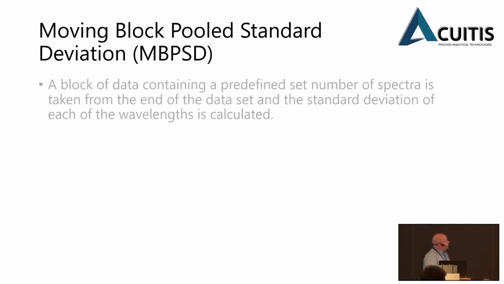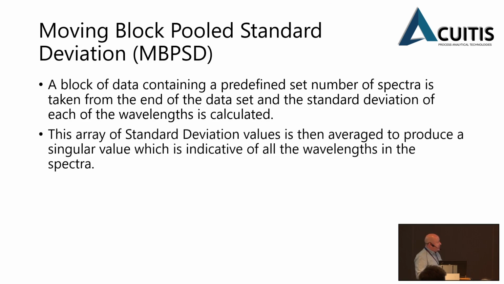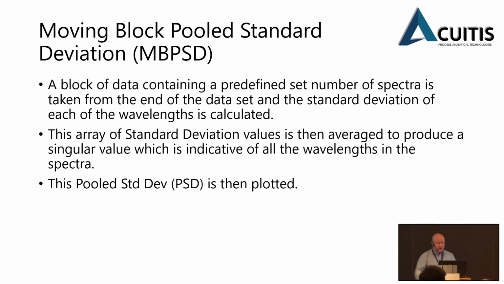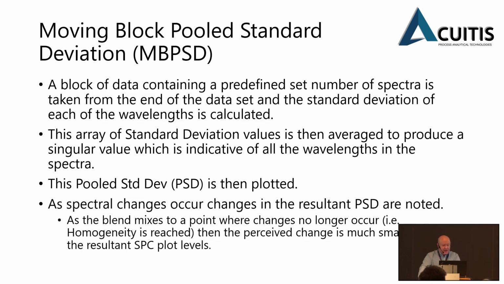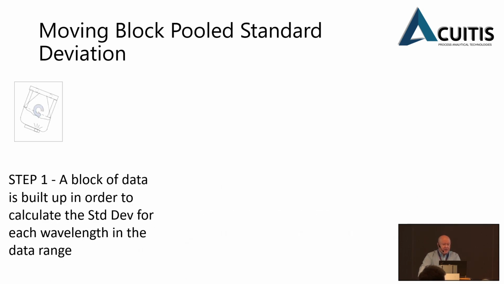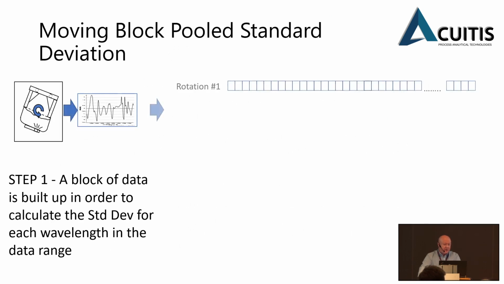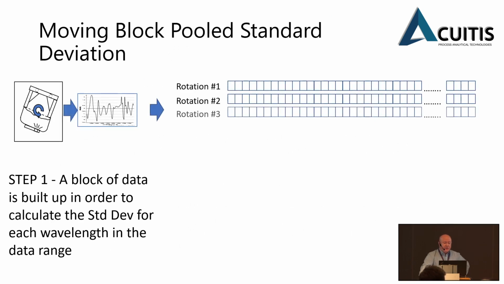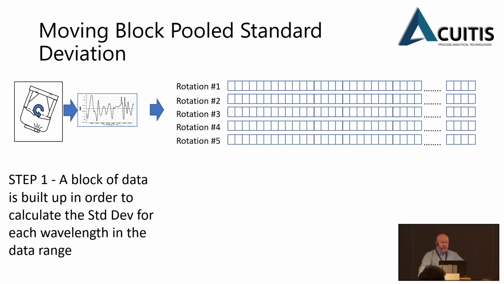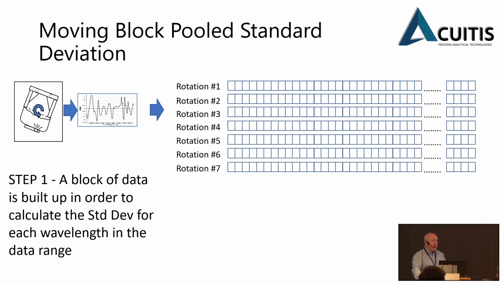So moving block standard deviation is one of the first approaches that were actually used within endpoint determination. And the way that works is basically we take spectra from the blender, and with each rotation we add spectra to the block to a predetermined size.